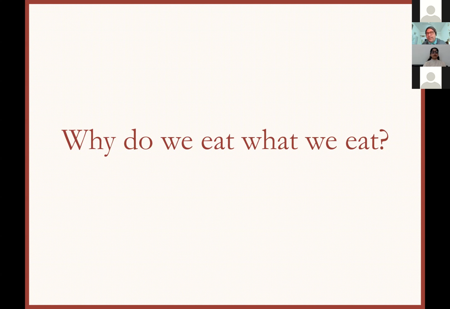I believe that most people are unaware of why we are eating what we are eating. Today we had paratha or dhokla or idli or a dosa or whatever you had in the morning for breakfast. If you ask why do we eat what we eat, it turns out that it's a very, very difficult question to answer.